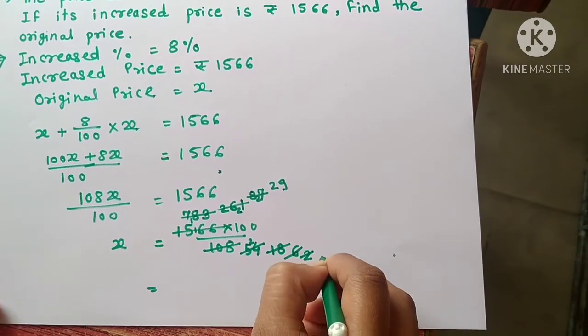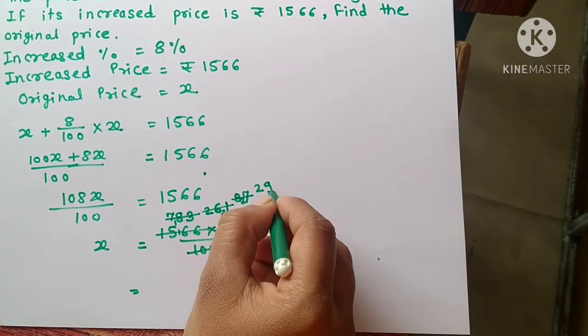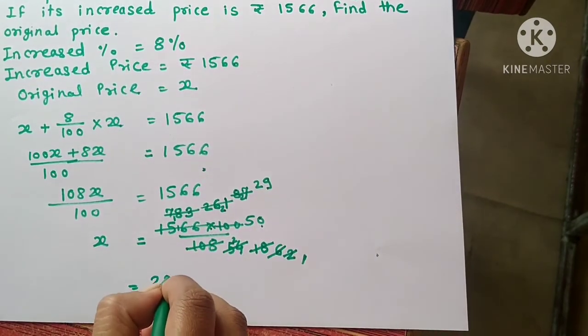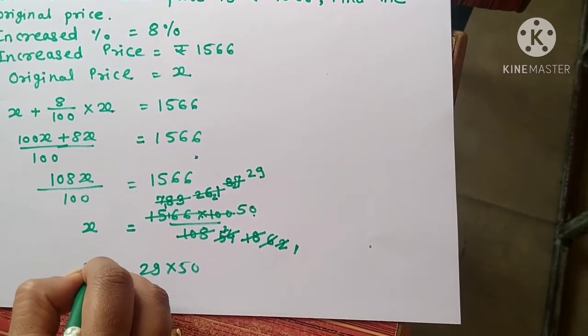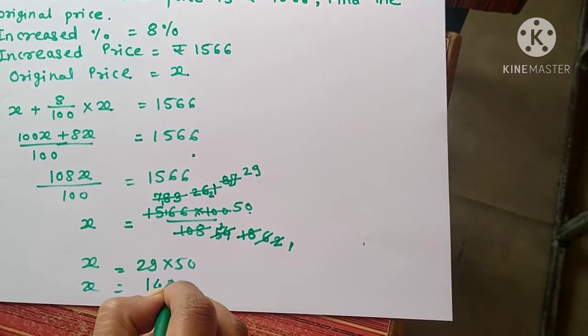So 2 1s are 2. 2 50s are 100. So 29 multiplied by 50. So x is equal to 1450.